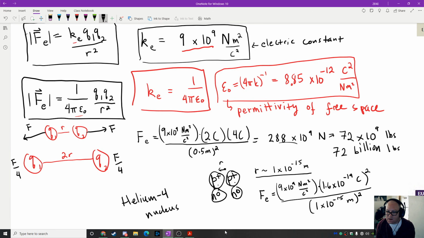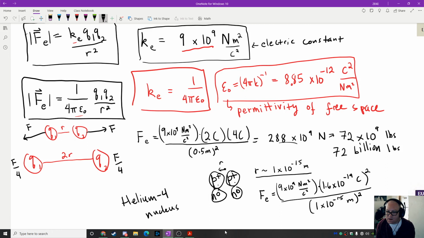Now, that might not seem like a big force, right? But the proton's tiny. So the acceleration that proton would feel due to that force would be the force divided by the mass of the proton, which means you're taking the force, about 10 newtons. I'm probably way off here, but the order of magnitude is probably about right. The proton has a mass on the order of 10 to the negative 27 kilograms, which is going to lead to an acceleration of something like 10 to the positive 27 meters per second squared.